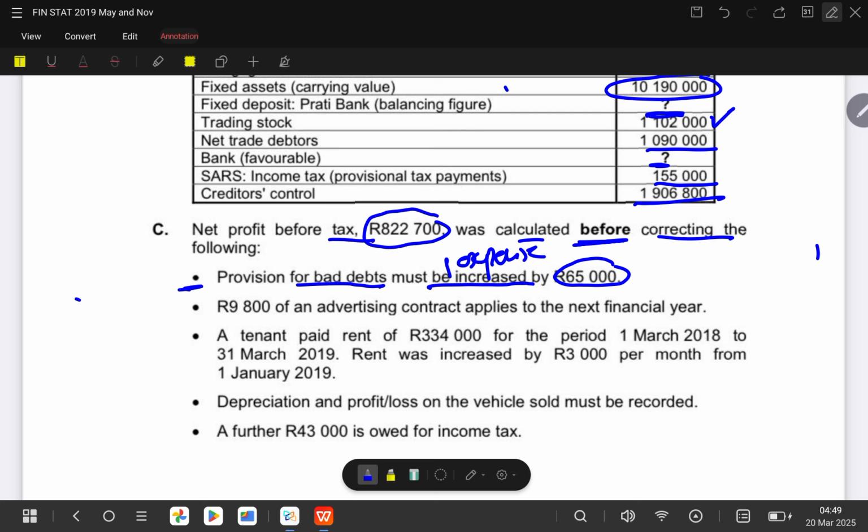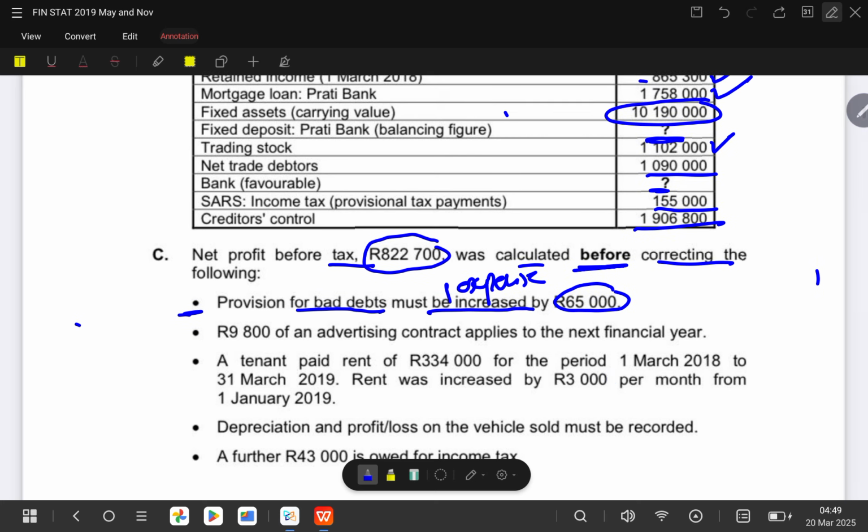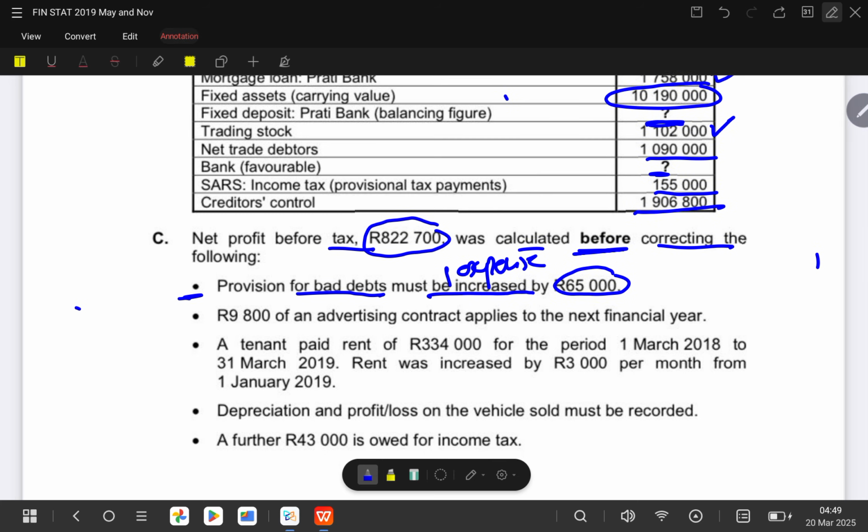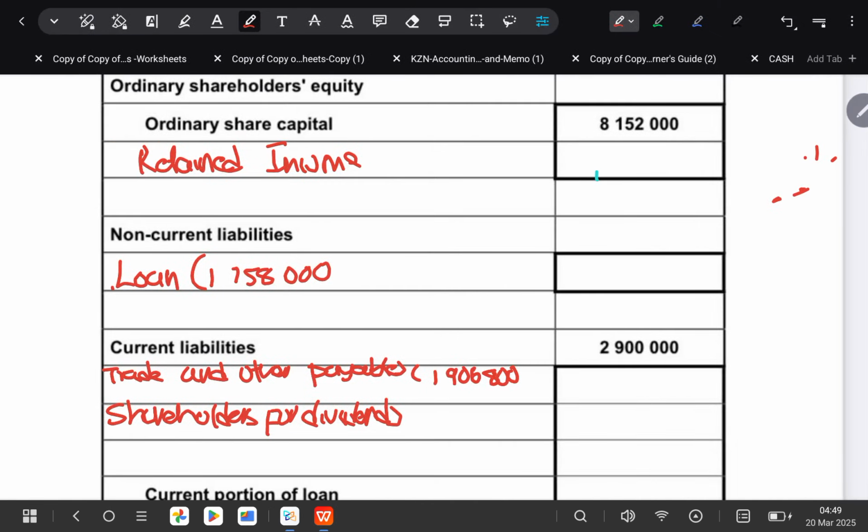But it will not affect the balance sheet, because they've already given the net trade debtors, and net trade debtors is given after deducting provision for bad debts. So that figure has already been updated there. So in our incorrect net profit, we are going to subtract this because it is an expense.